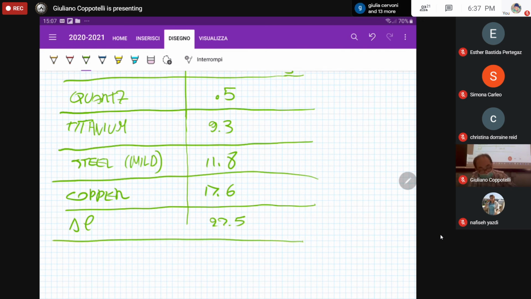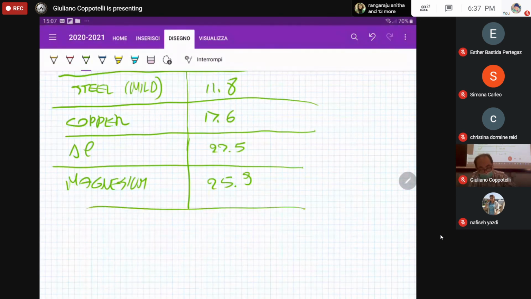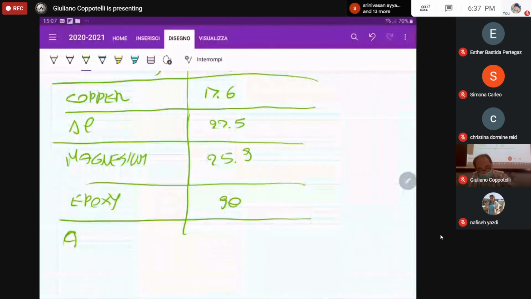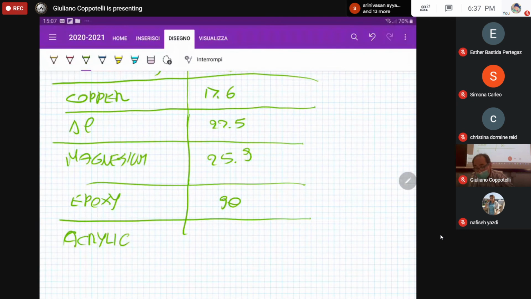Magnesium alloy, we are about 25. Epoxy resin, we are about 90. Acrylic resin, we are about 108.